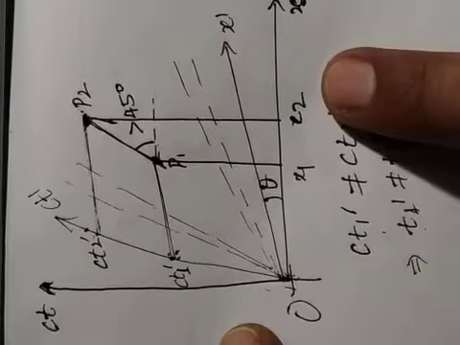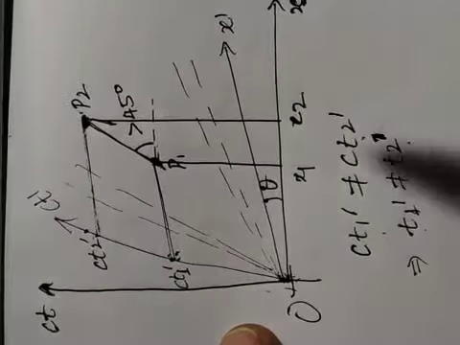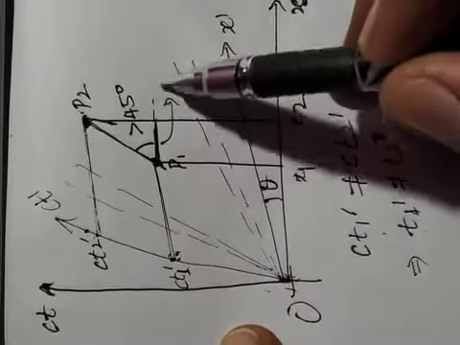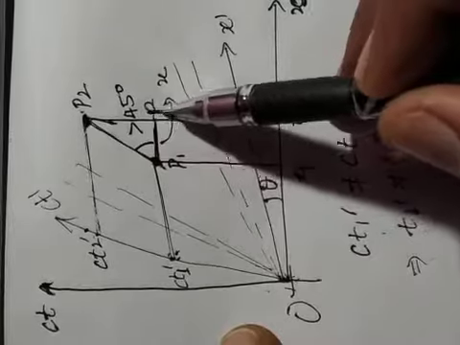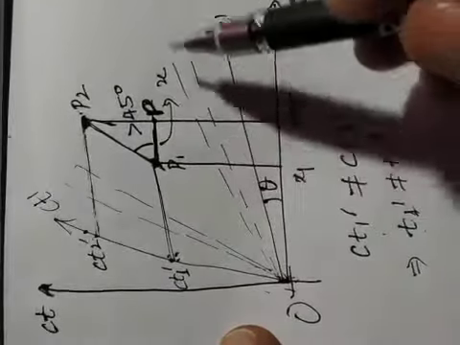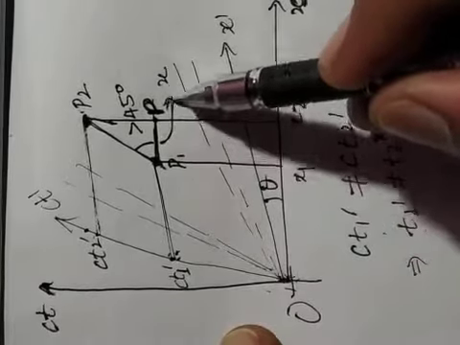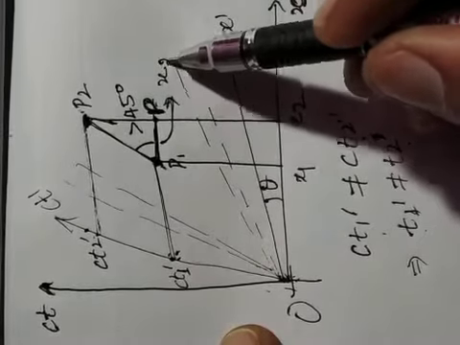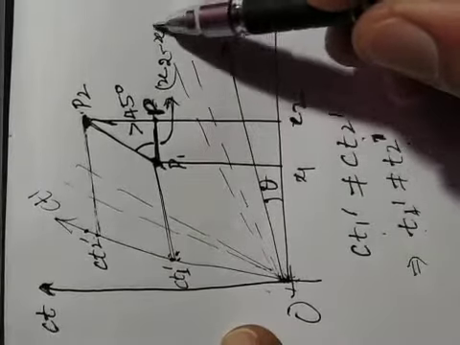Say this point is P. Then this difference, P1P, is equal to X2 minus X1.